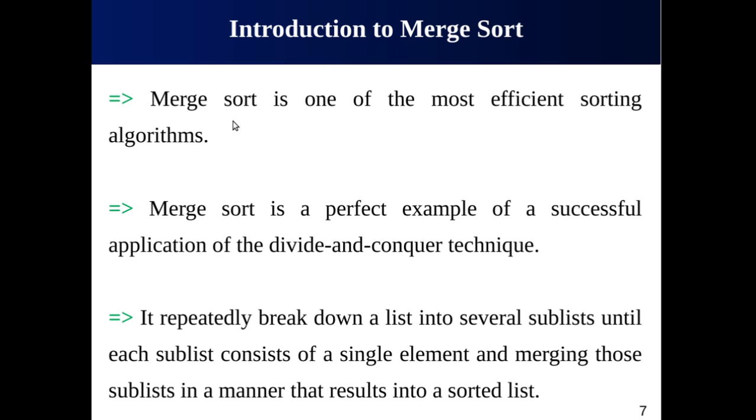While the merge sort algorithm, as compared to the previous three algorithms, is much more efficient, especially if the list given to us is larger. You can say it is efficient over large lists of items. And why? Because we will see in the analysis that the running time of the merge sort algorithm is log n.